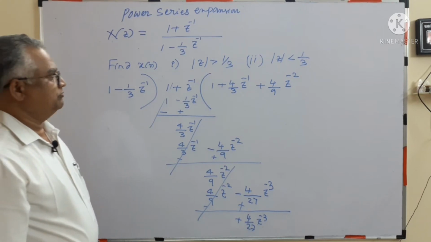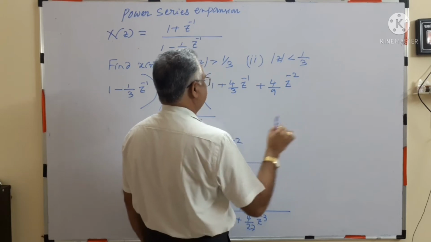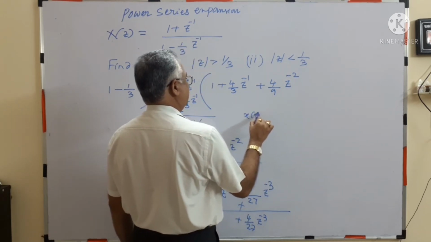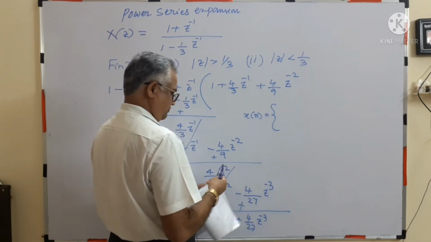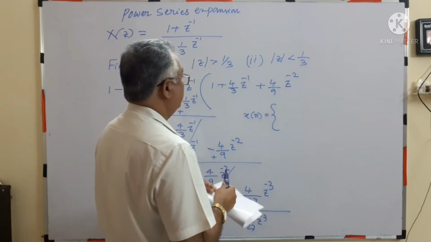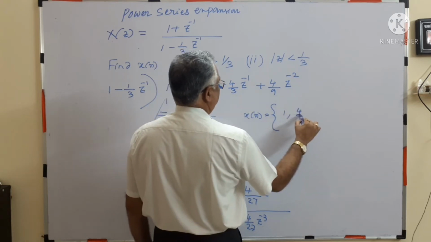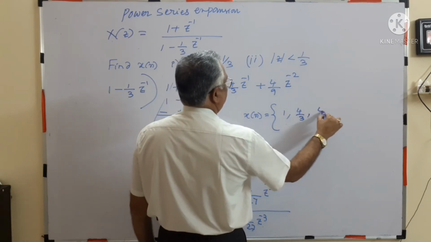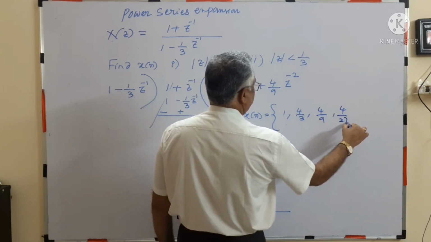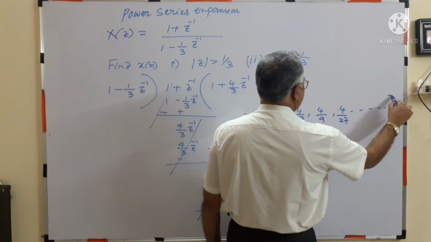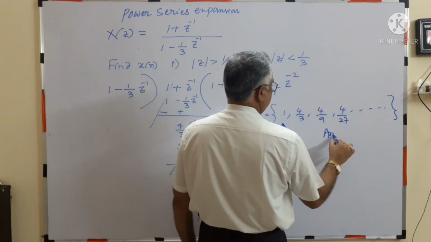Like that you continue. Negative powers of z means a right side sequence. So you can now write x of n: 1, 4 by 3, 4 by 9, 4 by 27, like that you can write. This is the answer.